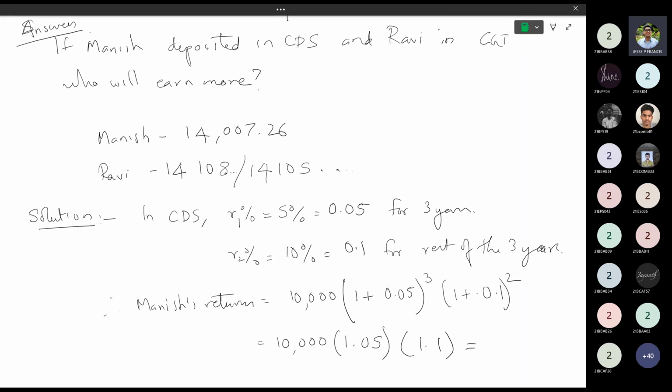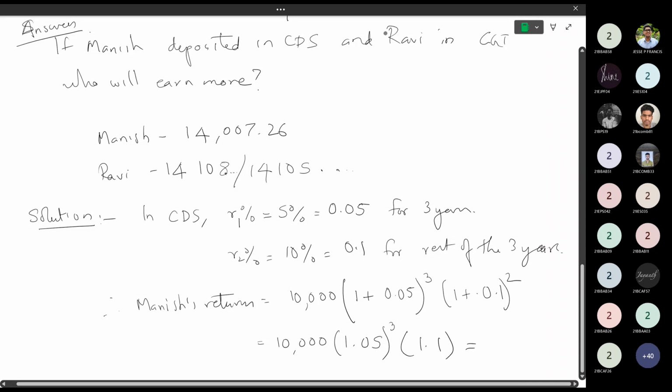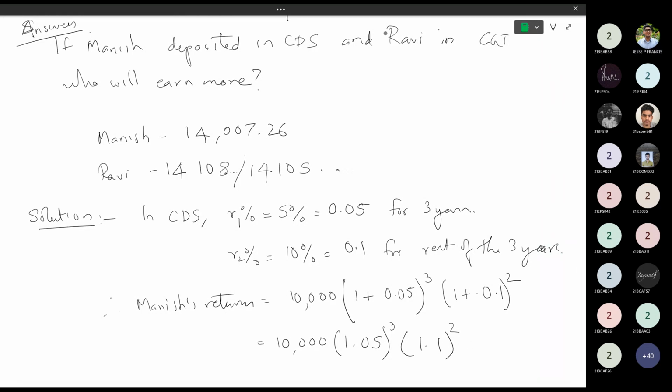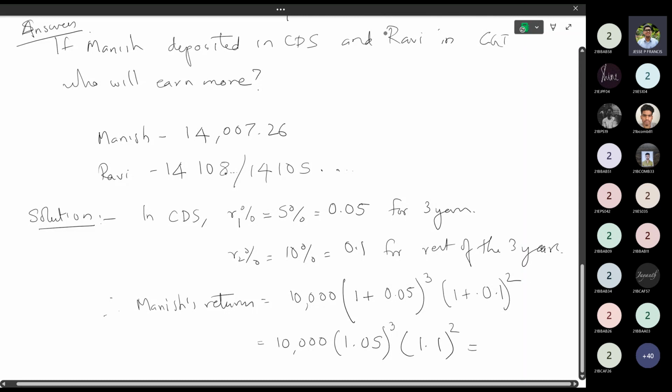There's no response, so I'm assuming that I wrote everything right. Yeah, I forgot to copy the powers. So final answer, according to you guys, is approximately equal to 114,007.